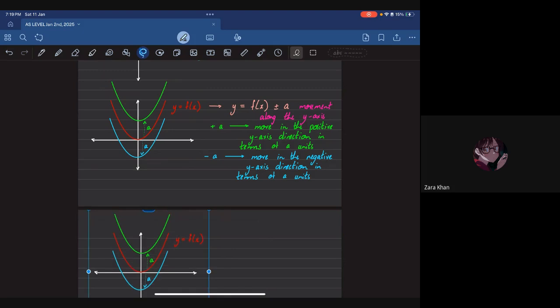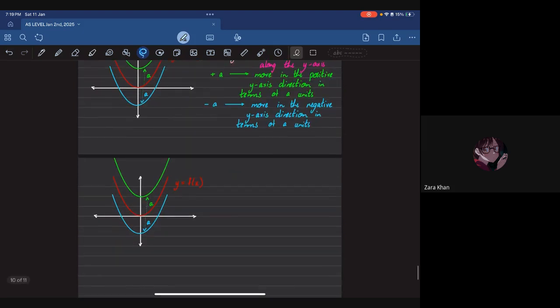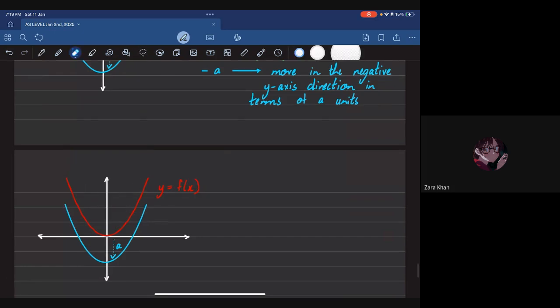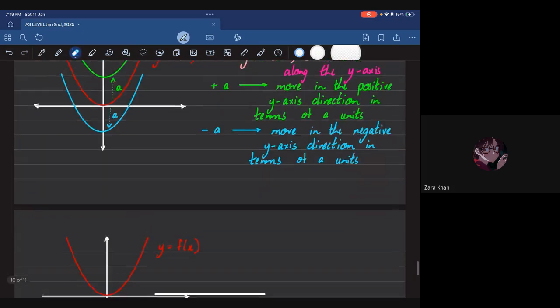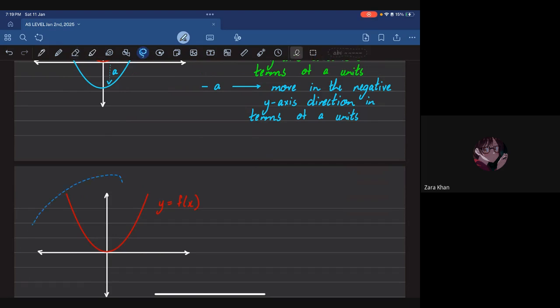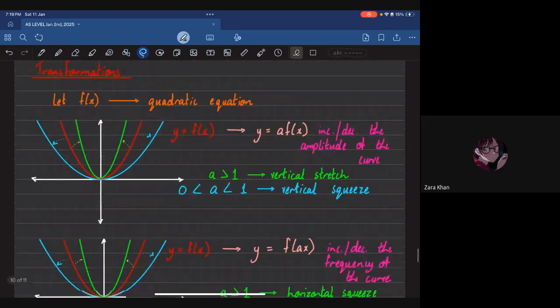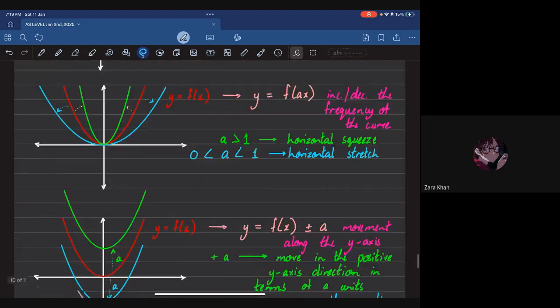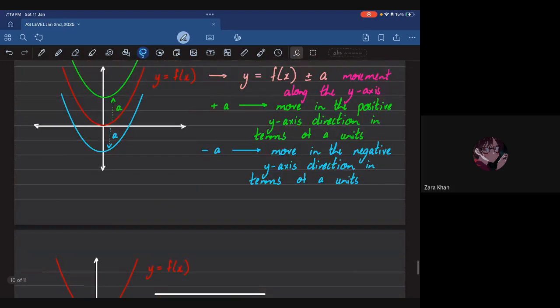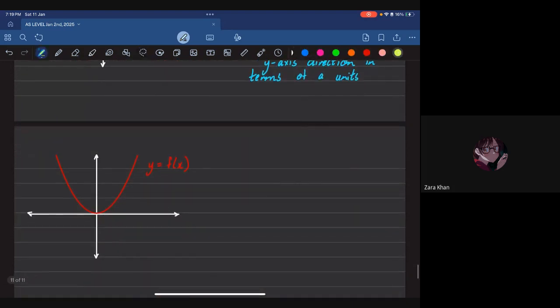So let me just copy this right down. Keeping the same equation as in our previous class, considering f of x is a quadratic equation, and this is the graph of y is equal to f of x, what happens when something adds on?